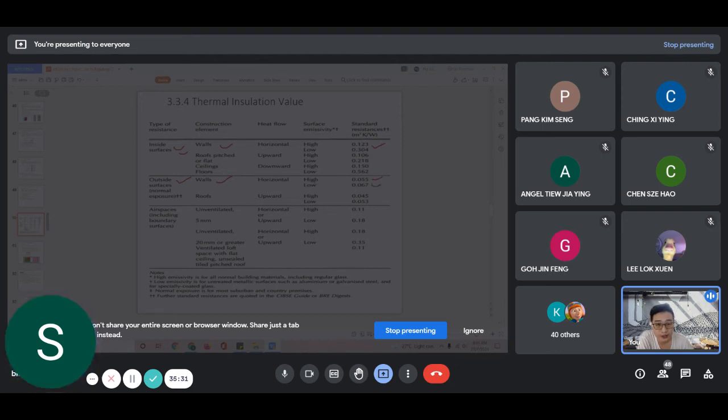So depending on the surface, there's a range of resistance values. And then when we have an air gap, we can also have a value in between. So all of this is just a table example to pick and plug into your equation.